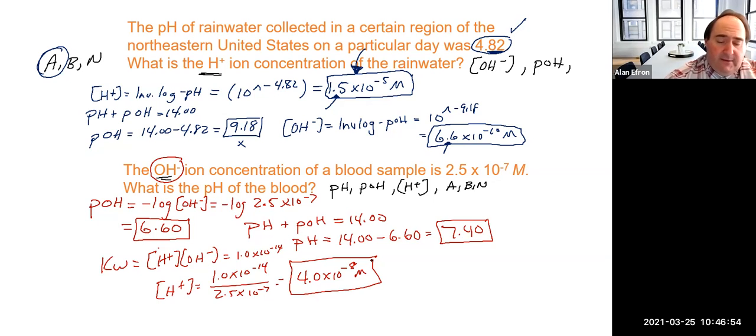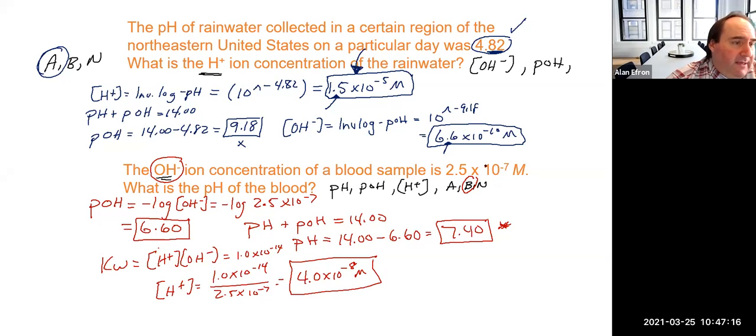Oh, by the way, we need to determine: is it acidic, basic, or neutral here? It is going to be based off of the pH value. 7.4 is above 7. It is basic, slightly basic, but it's basic. Again, remember, we will make it simple in this class. If it's 7 on the nose, it's neutral.